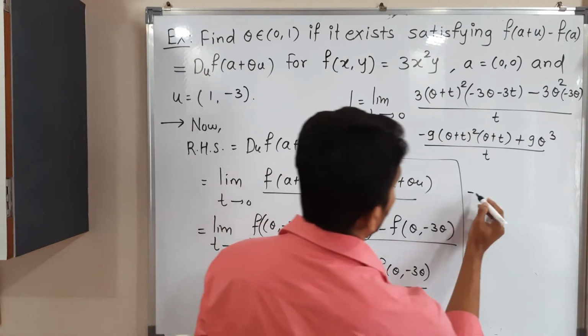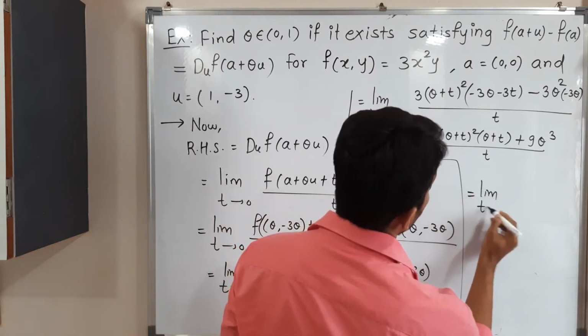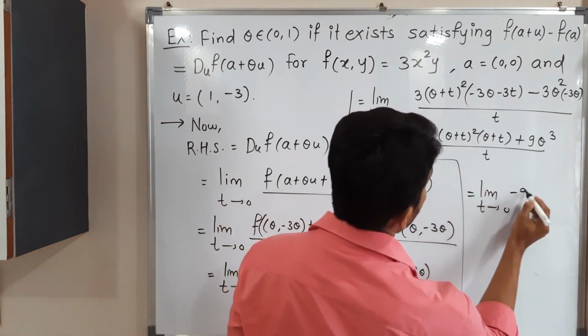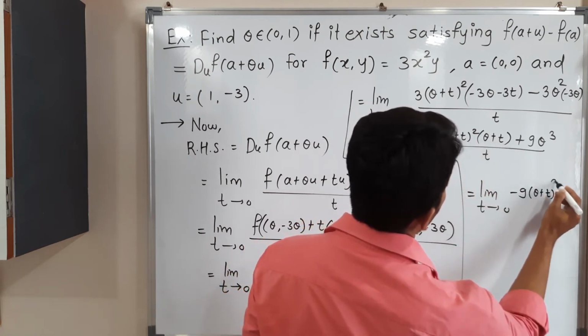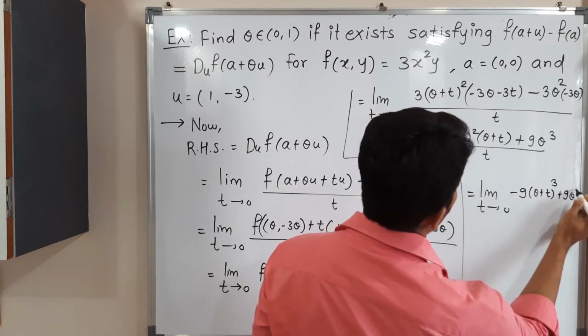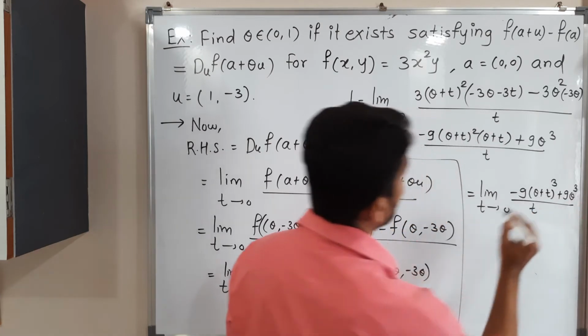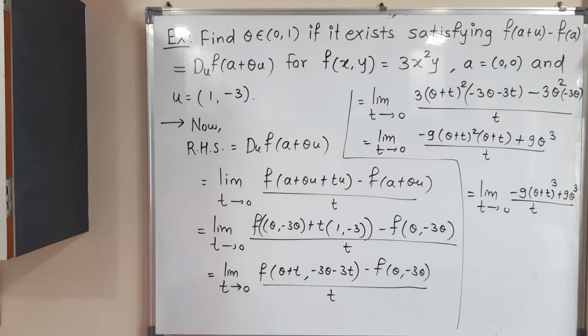So this is equal to limit t tends to 0 of minus 9 theta plus t, theta plus t, so we have theta plus t cube plus 9 theta cube divided by t. There is no more space, so I suggest you make a screenshot of it.